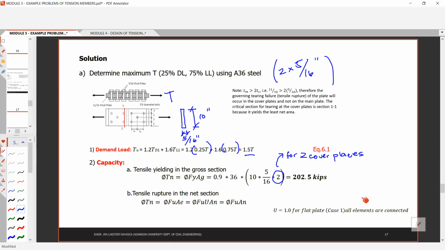Then the tensile rupture in the net section. The formula for the tensile rupture in the net section is phi times Tn, which is phi times Fu Ae, where Ae is U times An.